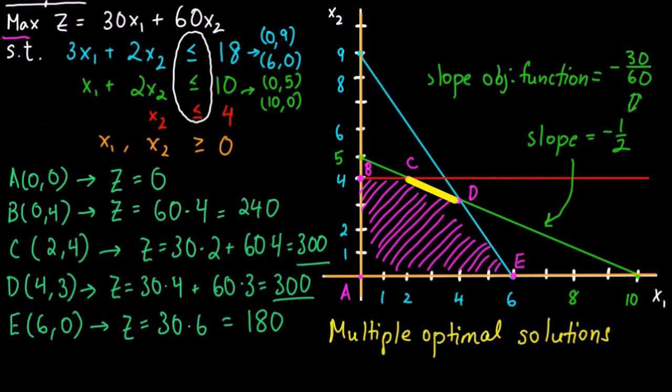And so since these slopes are the same, there's a good chance that there's going to be multiple optimal solutions. So it's just something to keep in mind when solving these problems. If one of the constraints has a slope that's equivalent to the slope of the objective function, there's a chance that there will be multiple optimal solutions.